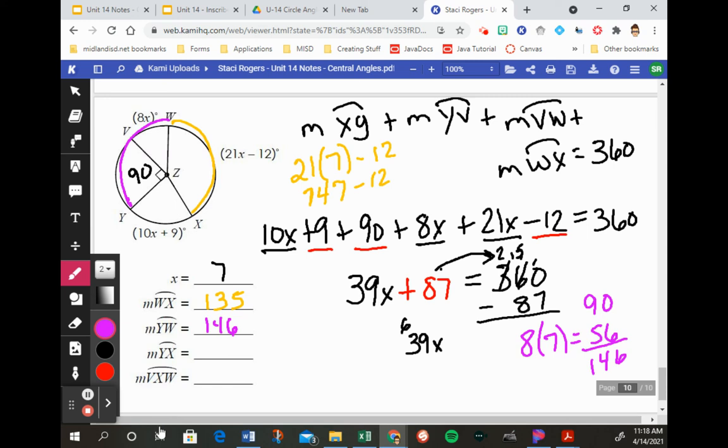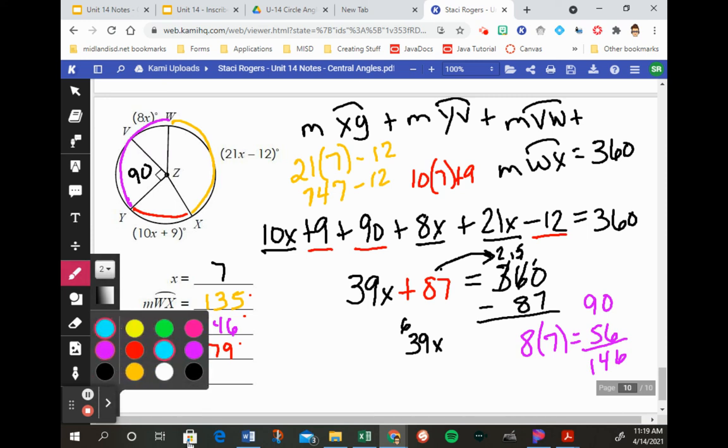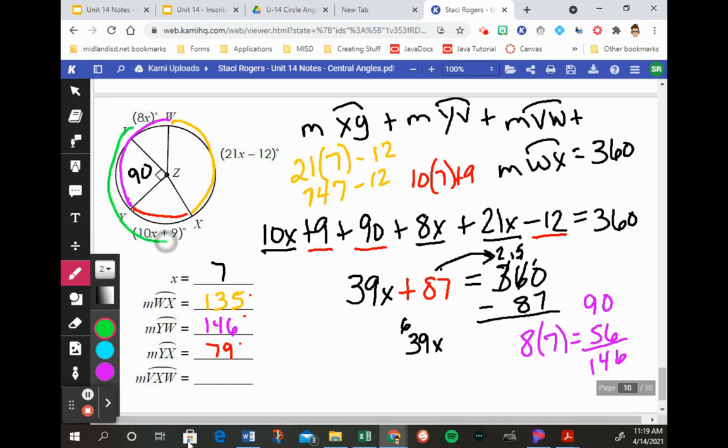YX. That one is this one right here. 10 times 7 plus 9, that's 79. And VXW, I want to do that one in green. VXW.